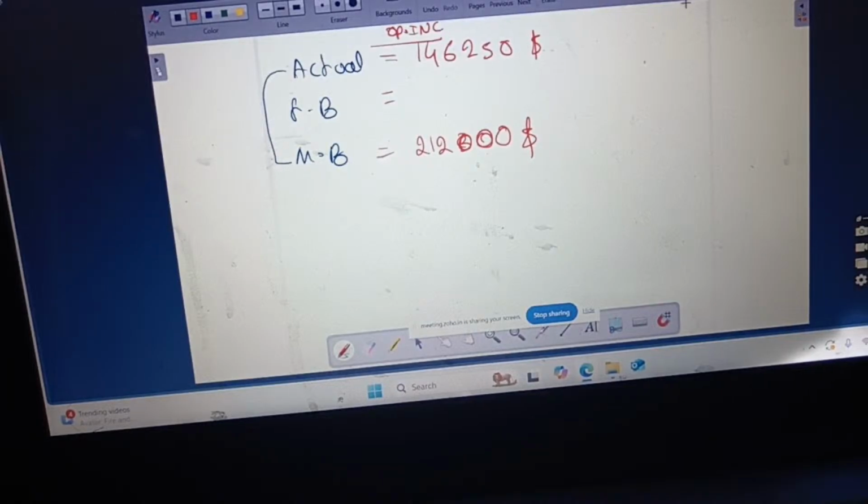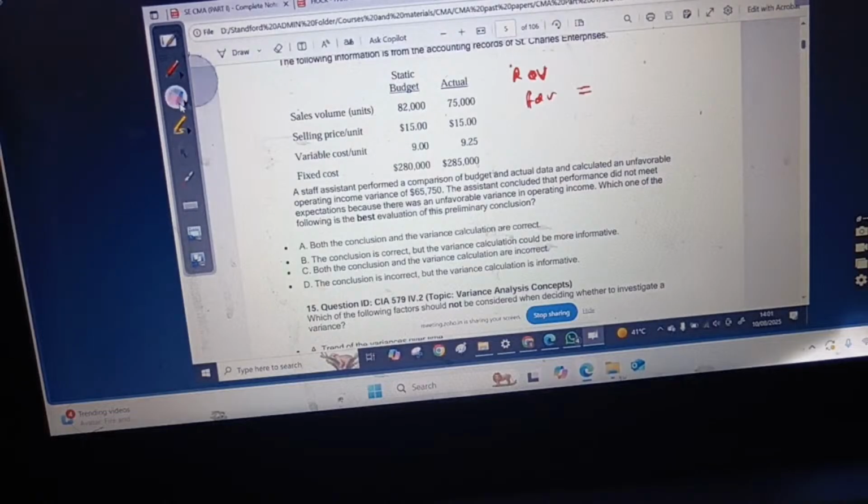Flexible, is it? Actual quantity into standard. 75,000 multiplied by 15 multiplied by 19.